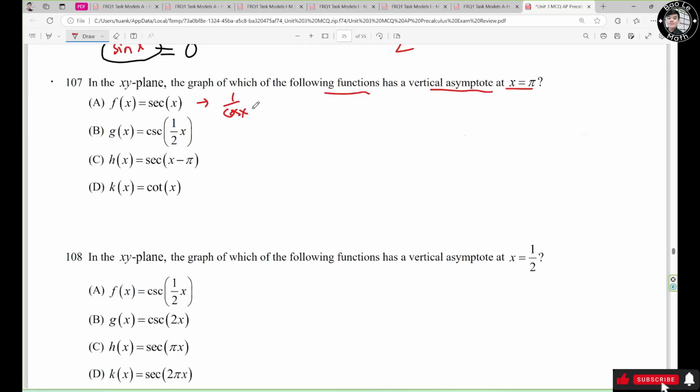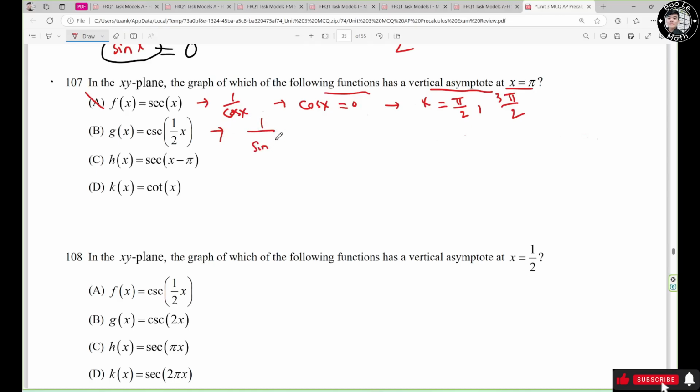Now, you need to let the denominator equal 0, so cosine s equals 0. Solve for s within one cycle, so s equals pi over 2, or 3 pi over 2. So it's different from this one, so A is wrong.